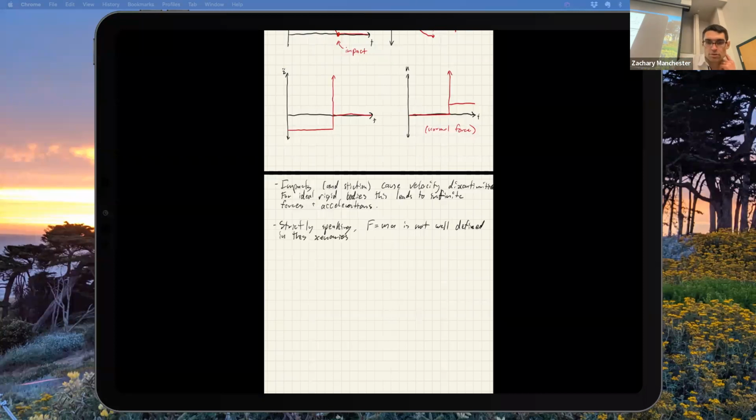What else did we say? In reality, these are not quite infinite, but they're still super fast and super tall spikes that are beyond the range of sample rates that we can reasonably do. So it's still a problem.